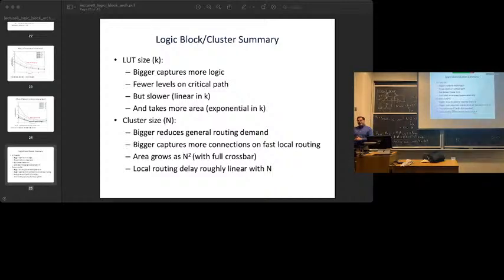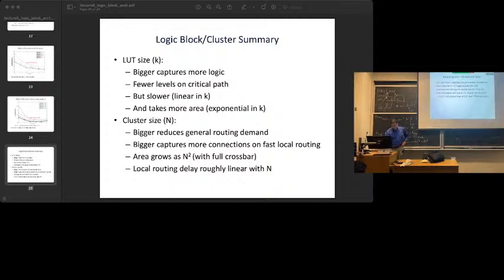Also, the wires inside that form the local routing are getting longer. So as you make the cluster bigger, you capture more and more connections in the local routing, which is good. But the local routing itself is getting somewhat slower, so the gains of capturing them go down some. And your area eventually starts to become not good. So you can't push either of these too far.